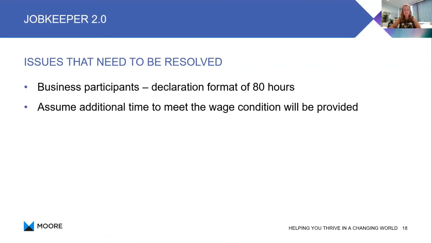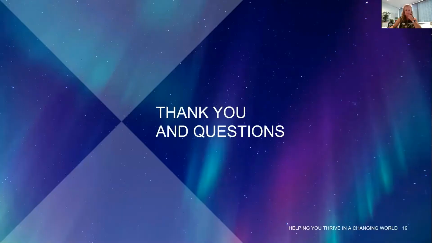So test again based on your December results compared to the same period last year or an alternate period. Again, if you've fallen out and you come back in, you then need to classify each of your employees into a top tier or top payment threshold, or the next tier down if they don't qualify for the 80-hour test. So that was a bit shorter because we're assuming there's a lot of information that you know.